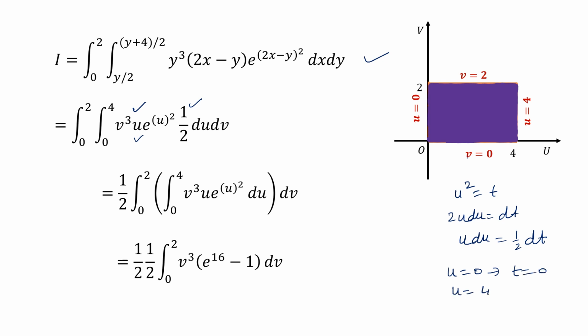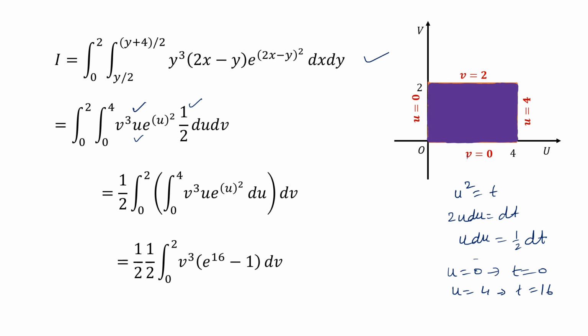For u equal to 4, t is equal to u square, so t will be 16. So the limit will be 0 to 16 that we will perform.